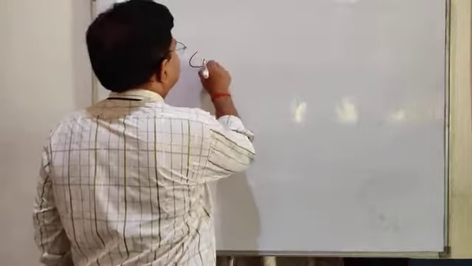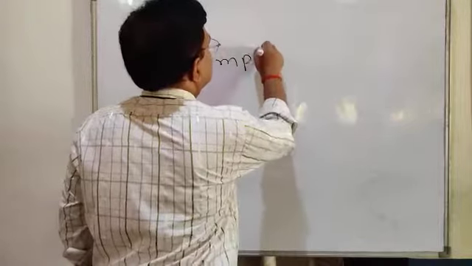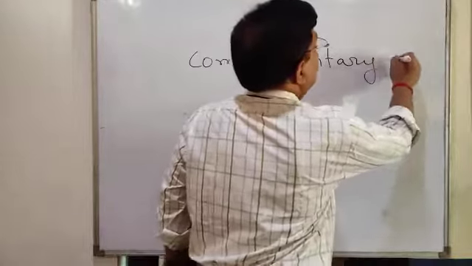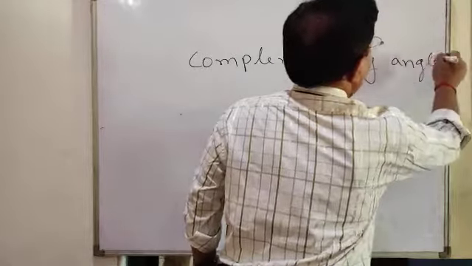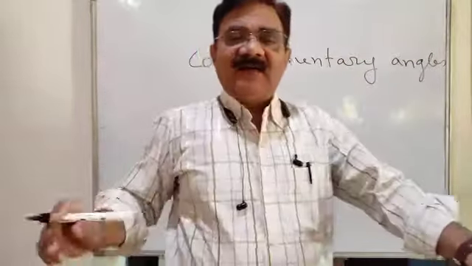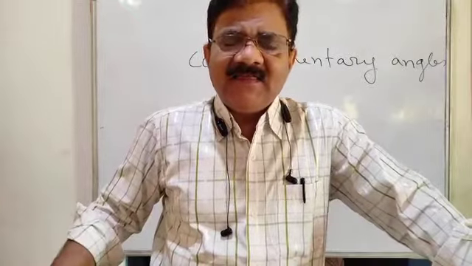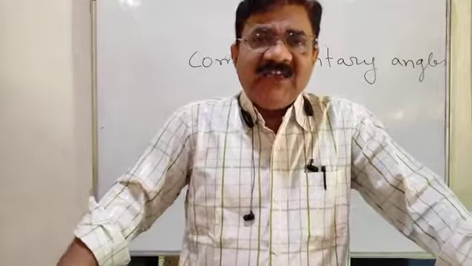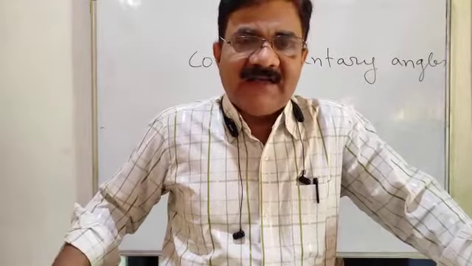Complementary angle. If the sum of two angles is 90 degrees, they are called complementary angles, and each of the angles is called the complement of the other.